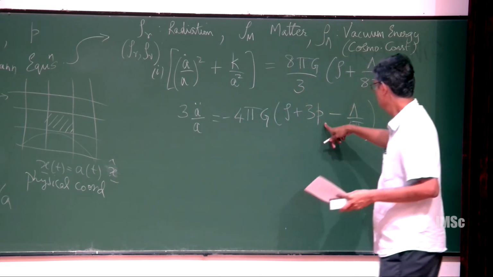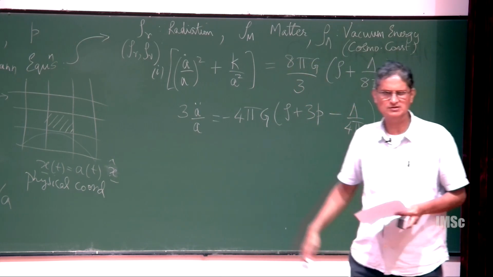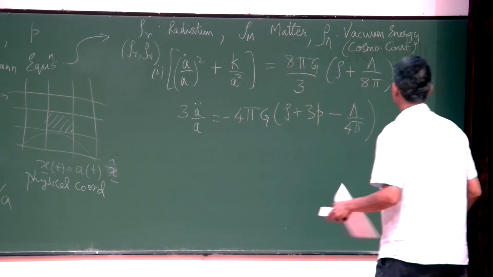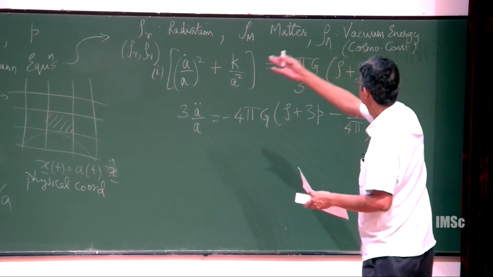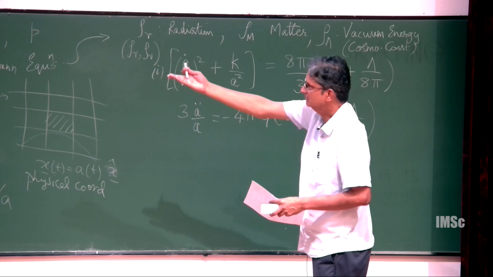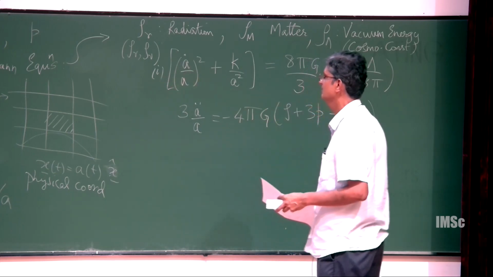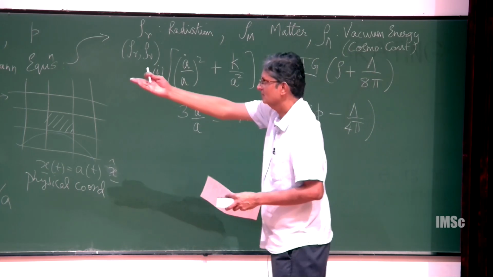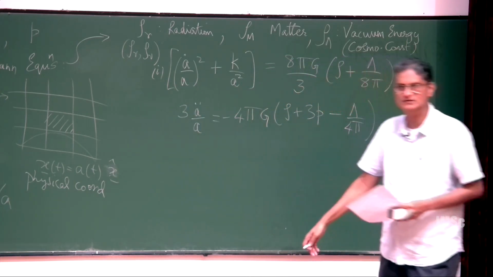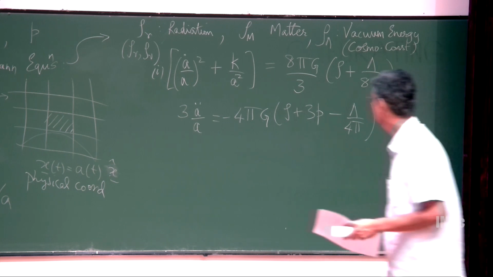So this pressure is relevant only for radiation. For non-relativistic matter, we'll take it as 0 pressure. If you have this matter on the right hand side and you put that background metric on the left hand side, the only unknown there is A. So this equation tells you how A behaves as a function of time.